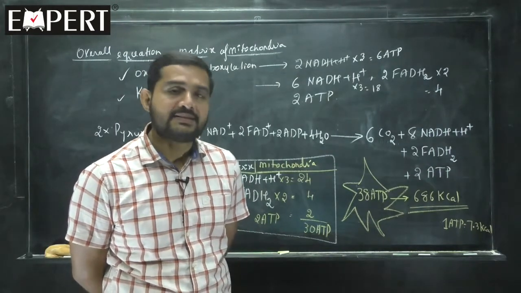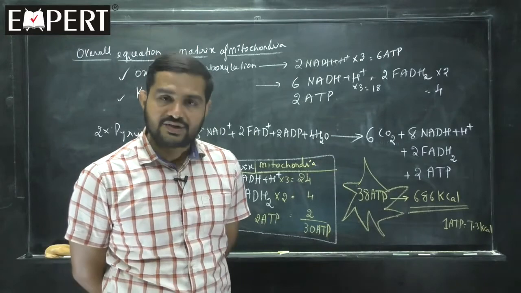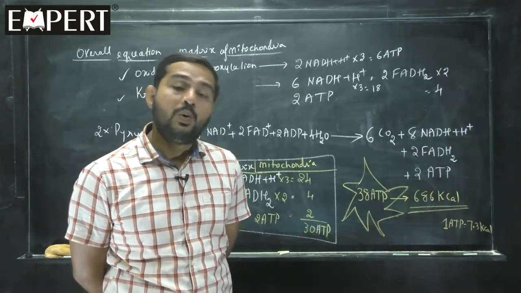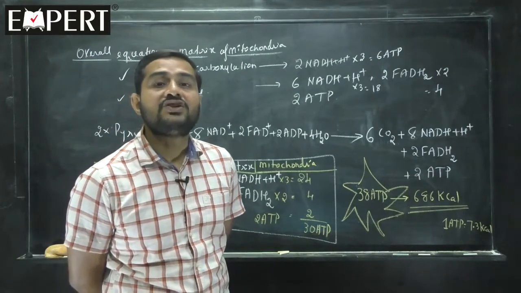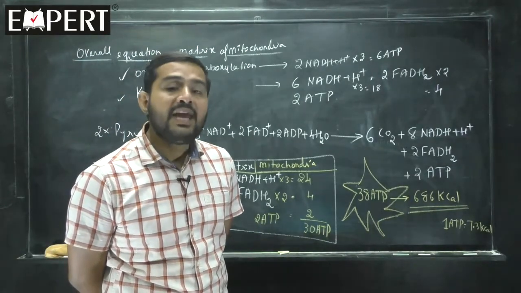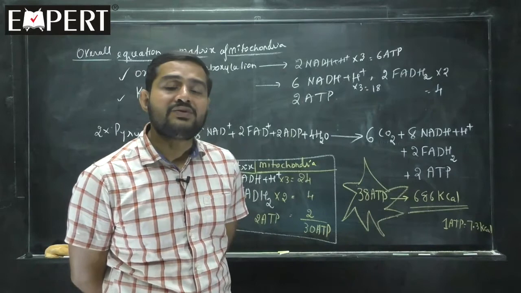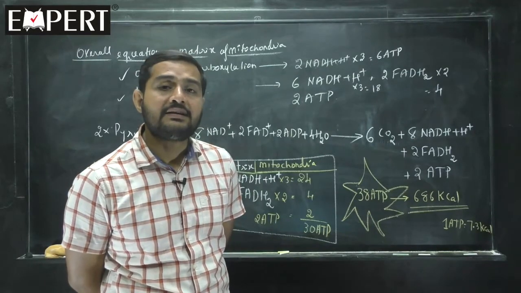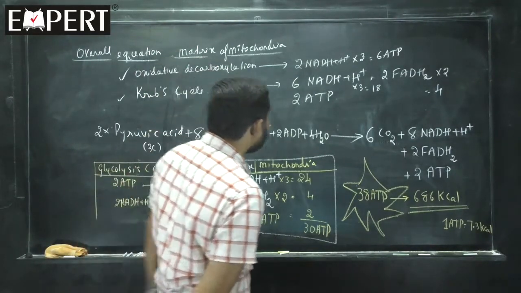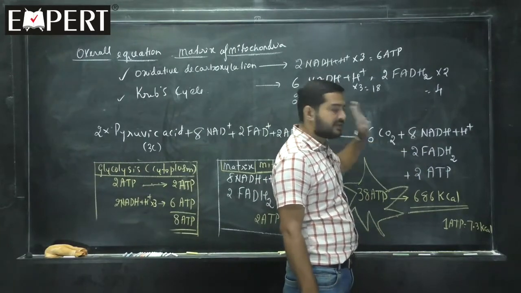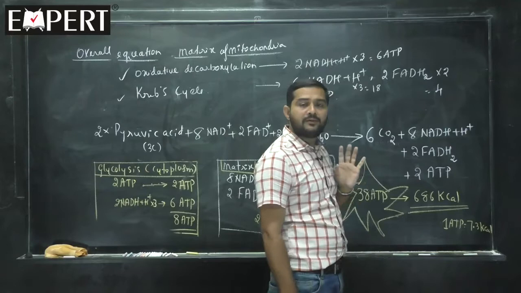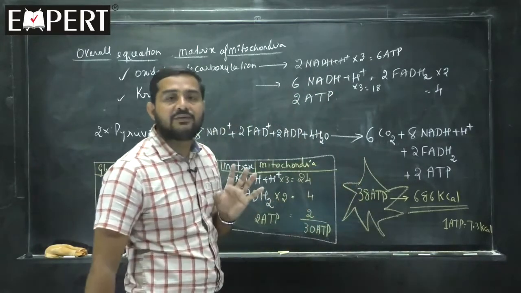That we have discussed. Clear, students? And who is forming those 34 ATP? Energy rich molecules. The energy rich molecules that form 34 ATP are NADH plus H plus and FADH2. These are capable of forming 34 ATP.